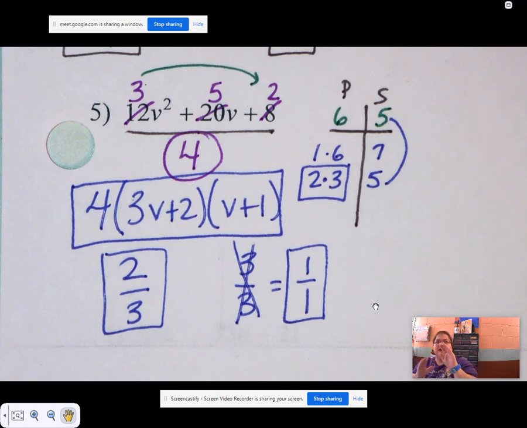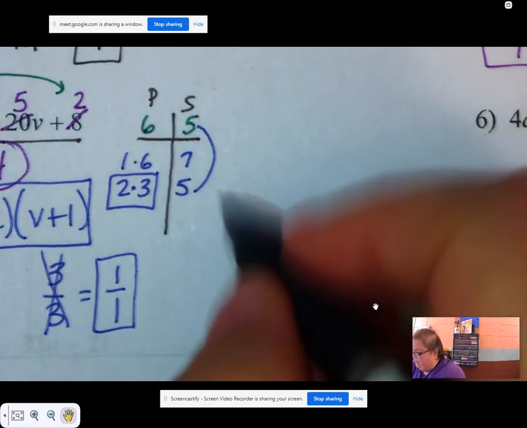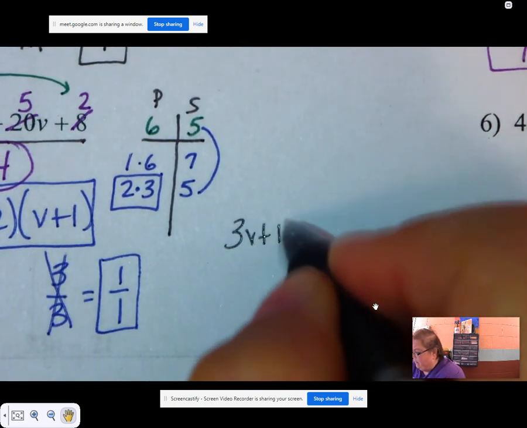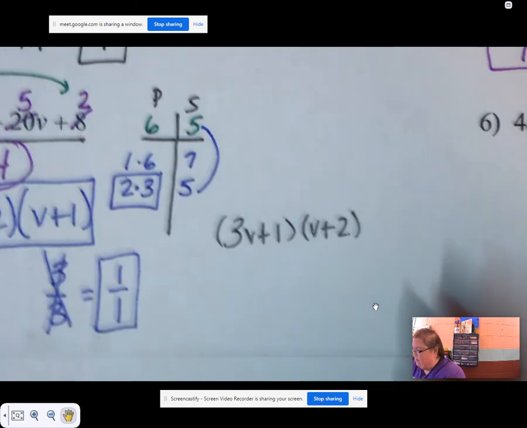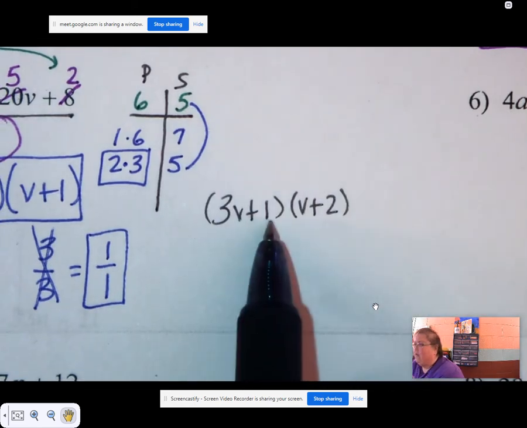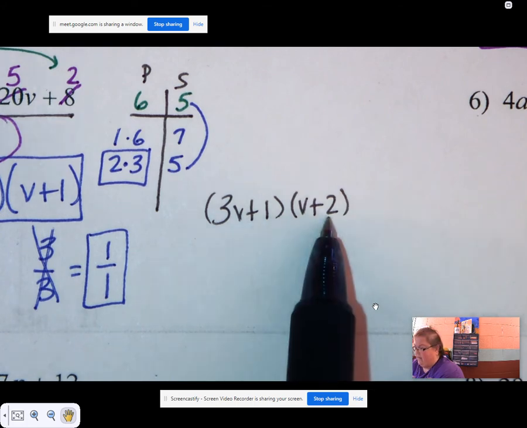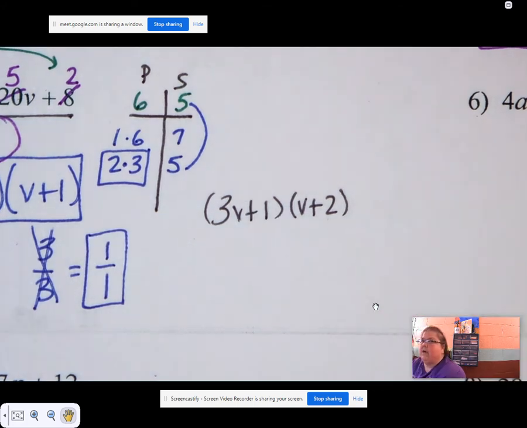What's inside has to be together. Like, all right, tell me again what you got. Right. And b plus 2. Okay. You have it this way. Okay. With the 4 on the outside.